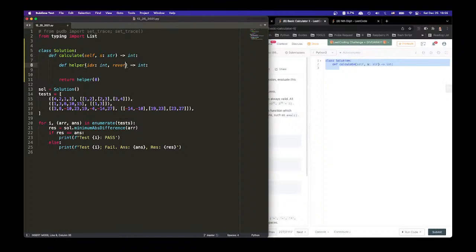Okay. So we can also say reversed. I'll just say rev is going to be a Boolean value, so it'll be false when we come in.